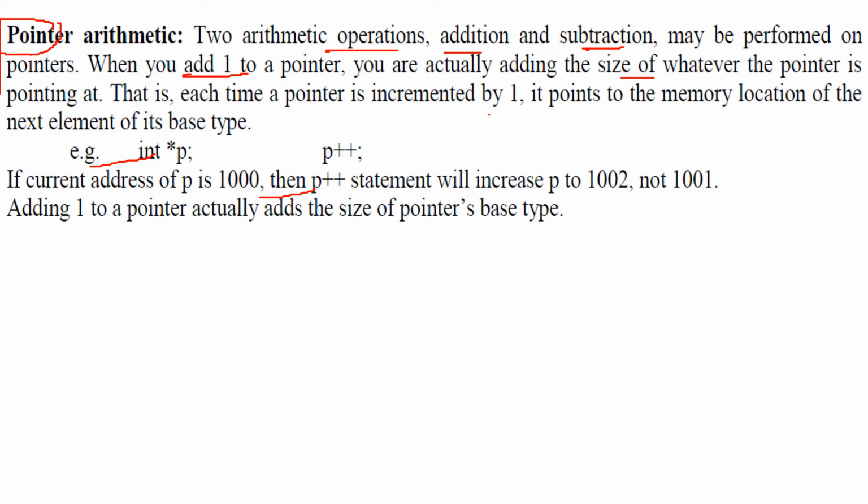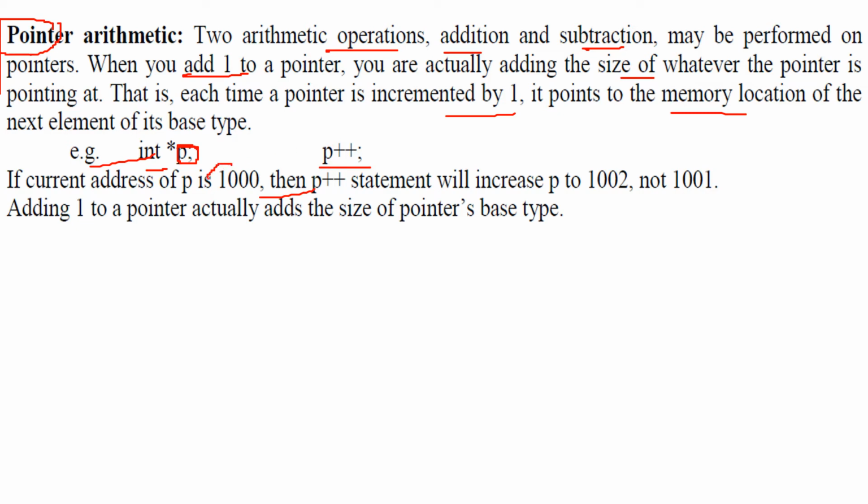Each time you increment a pointer, it will point to the memory location of the next element of the same type, that is, the base type. So if we have a pointer, say int *p, and you say p++, that means you're incrementing this pointer.